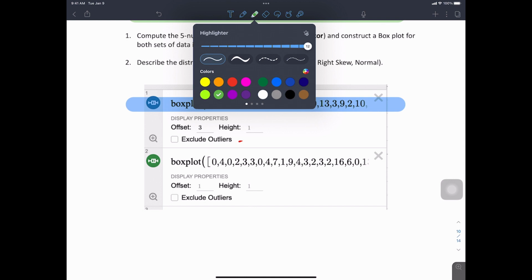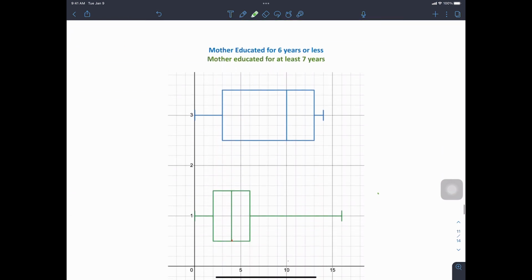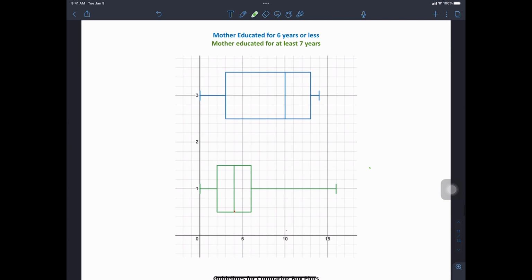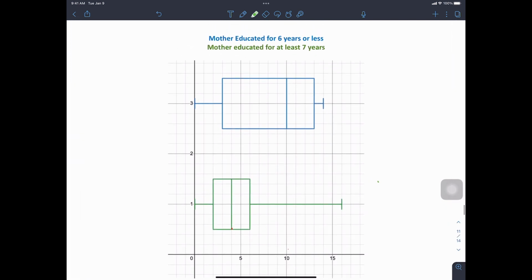And here are the most educated mothers. This is the whole idea of creating box plots: you can compare data sets visually rather quickly. You guys with me on that?